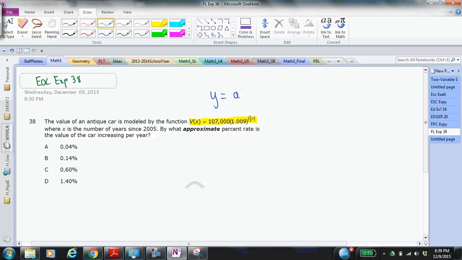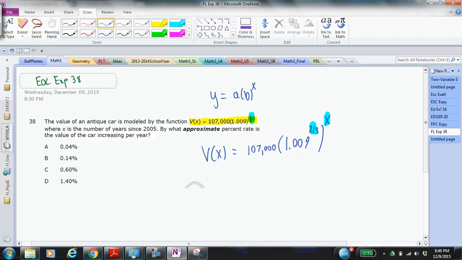Well, this is almost in our form y equals a times b to the x, but it's b to the 2/3 x. Can we rewrite that somehow so it's just b to the x? How about 107,000 times 1.009 raised to the 2/3, raised to the x? That's a legal move because the power to a power rule says I would just multiply these two exponents, which gives me 2/3 x.